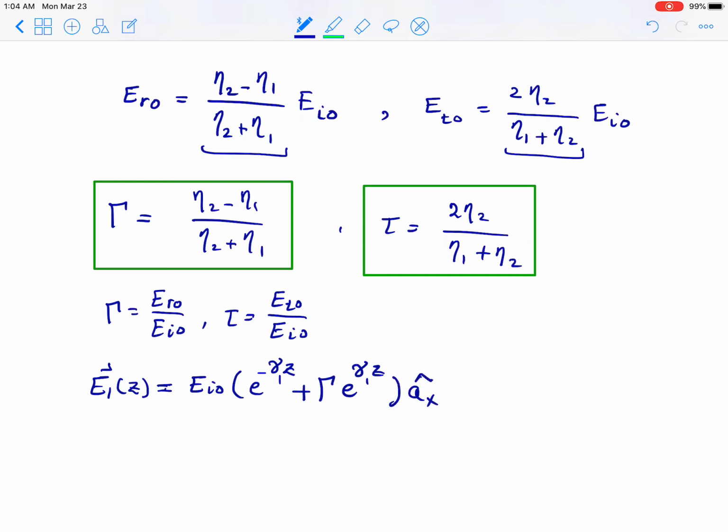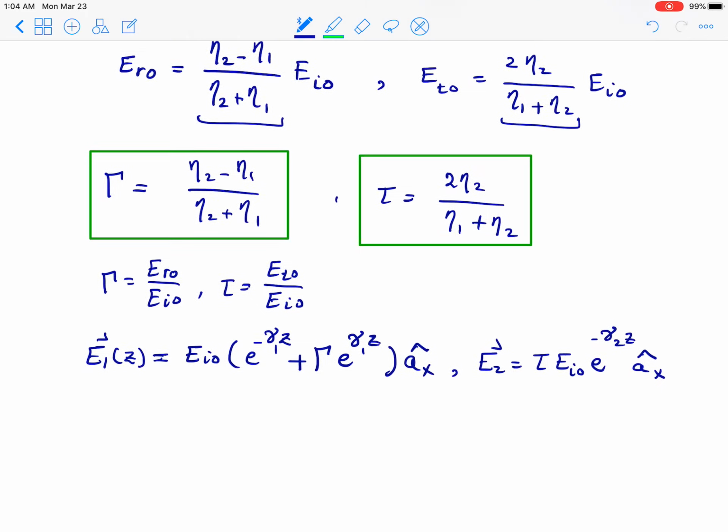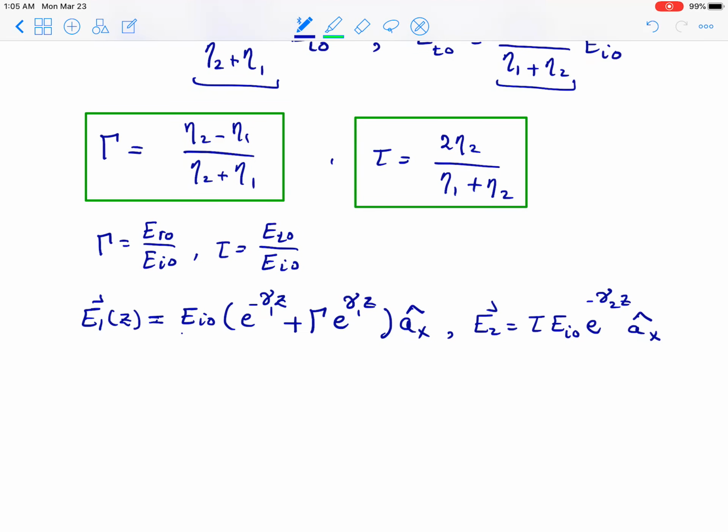This one, gamma 1. Similarly, I can write E2 with tau.